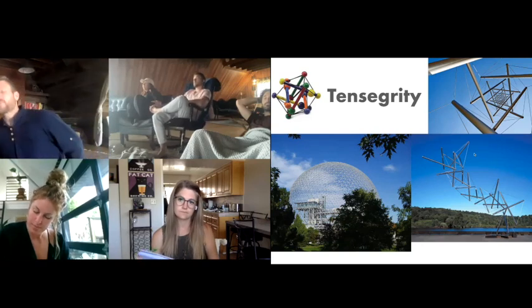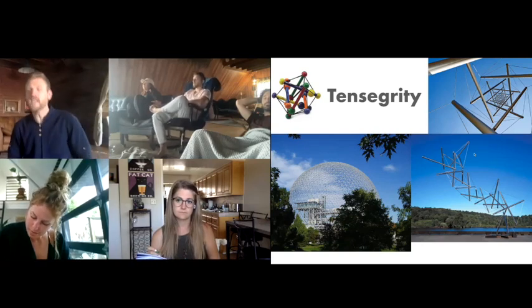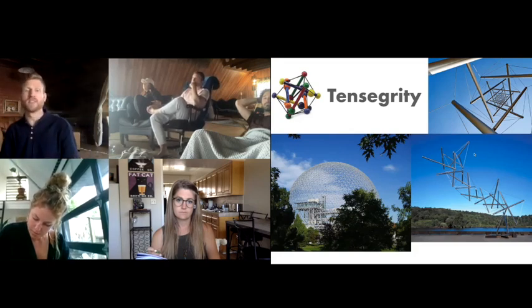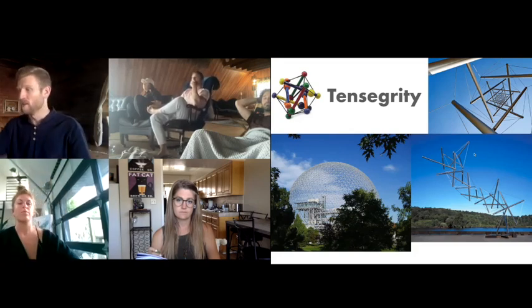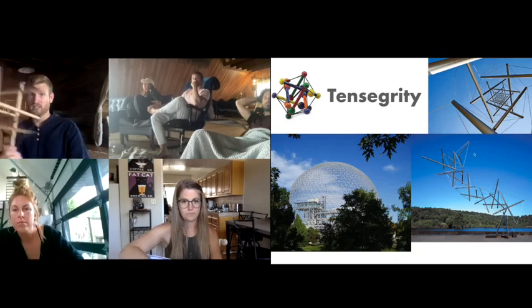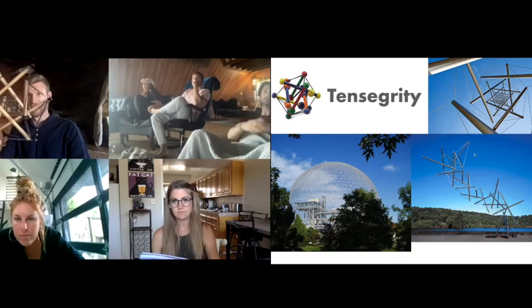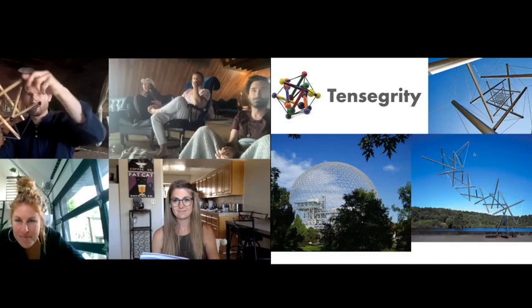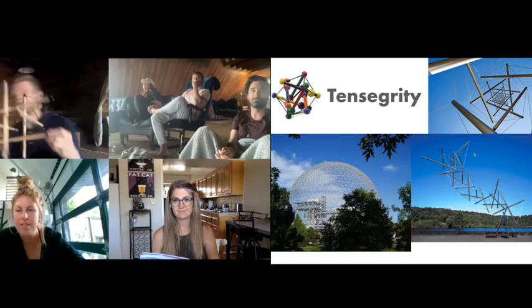Okay. So there are three requirements for something to be considered a tensegrity structure. This is a tensegrity structure, this thing here. Ooh, so fun. Okay, let's just talk about this for a moment.